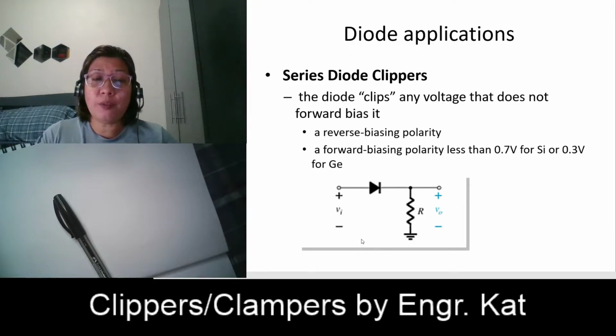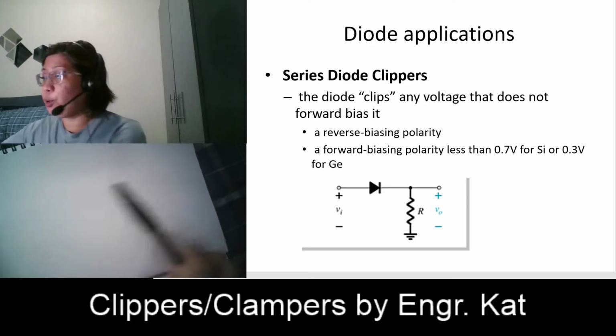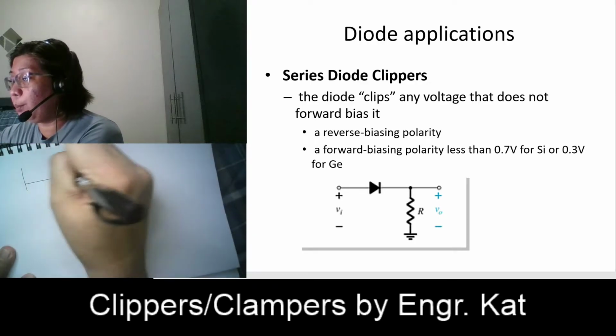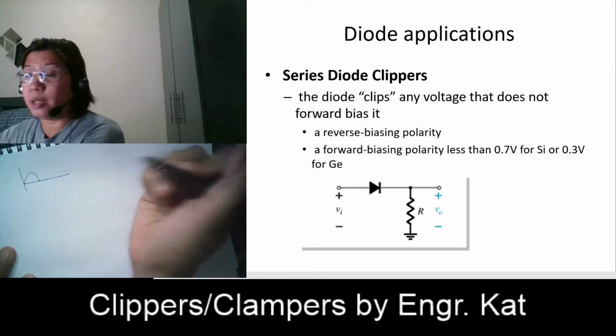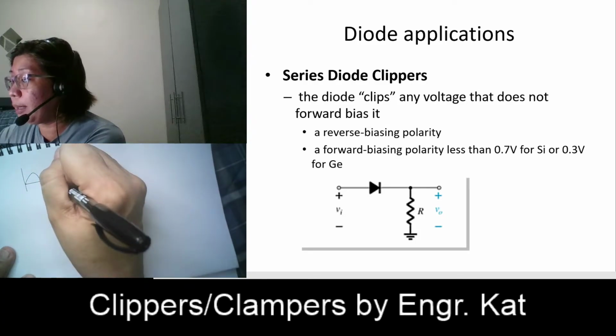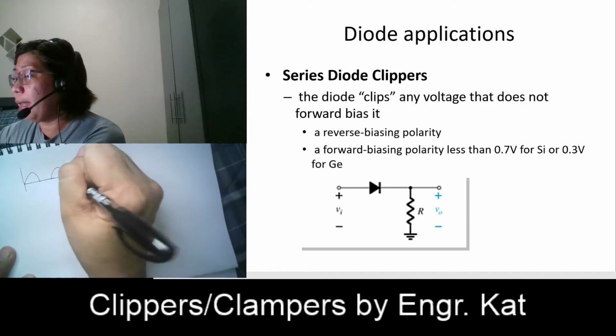During the negative half cycle, this is reversed. The negative is connected to the anode, which makes your diode reverse biased. In this case, it is open, so we don't have any output voltage. So here we have a half-wave rectifier. If we remember, during the positive half you have an output waveform, and during the negative half it is open, so you have zero at the output, then another half wave, and then zero.